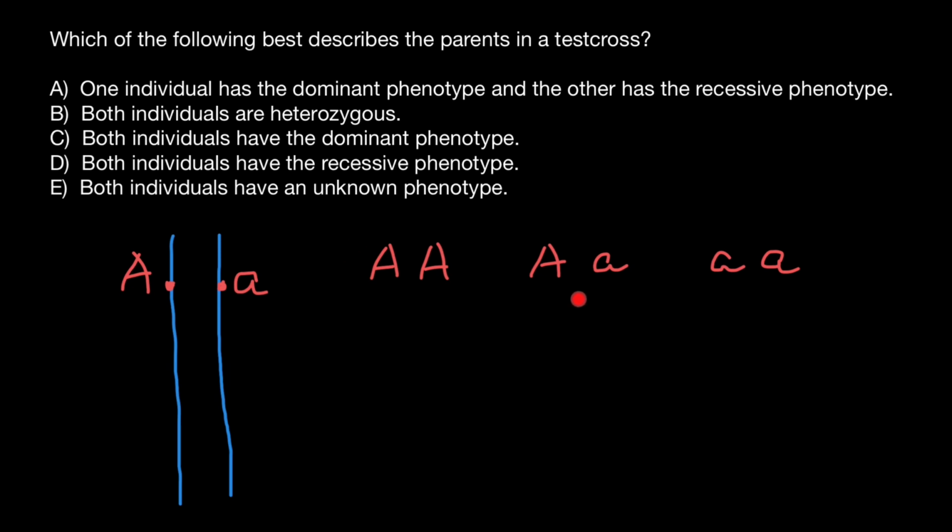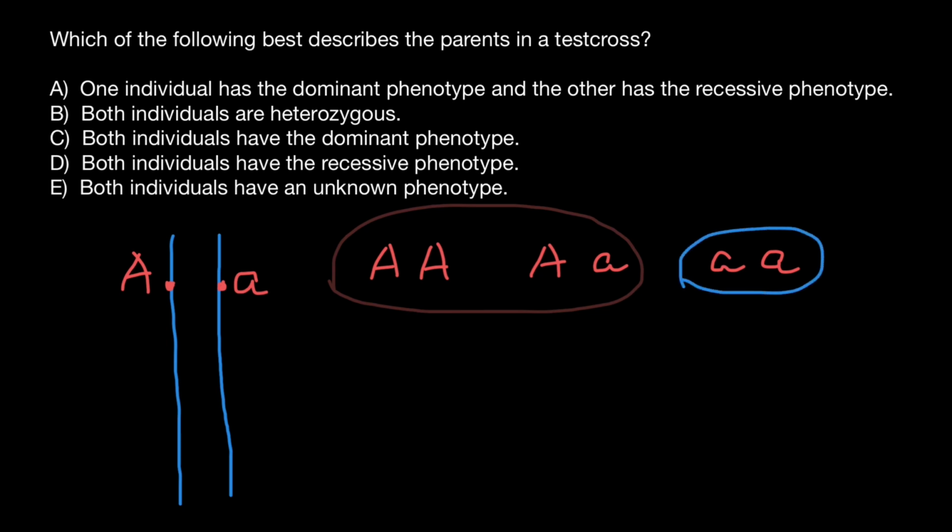People who are either homozygous dominant or heterozygous would have brown eyes. Both homozygous dominant and heterozygous genotypes would specify brown color, and homozygous recessive would specify blue color.